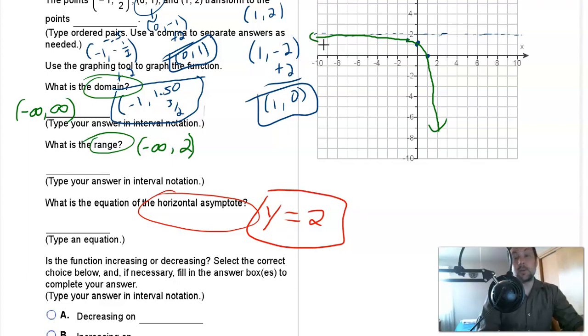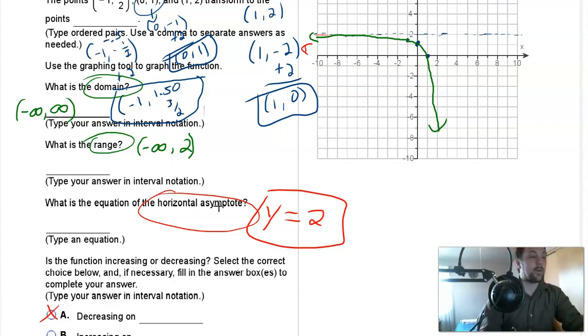And is this graph increasing or decreasing? To figure that out, we start from the left-hand side, we look to the right, and what's happening is the graph is just going to go down the whole way. Again, I kind of messed up here with the way I drew this, but it should be more like up here, and it's always heading down. It's always decreasing. It kind of bugs me that it makes us actually describe where it's decreasing, because you can describe it as a decreasing function since that's all it ever does.